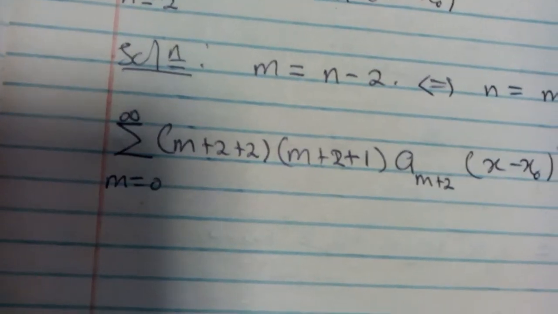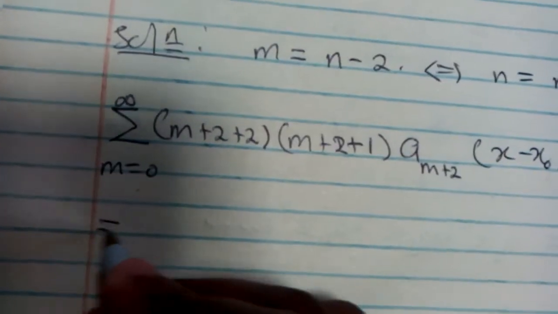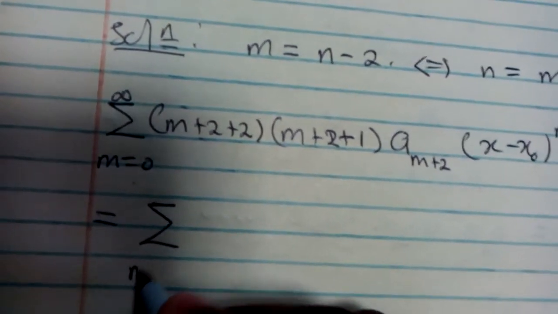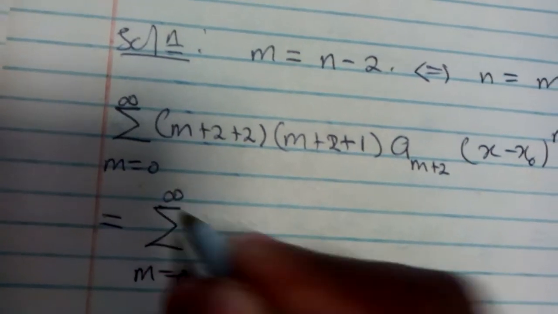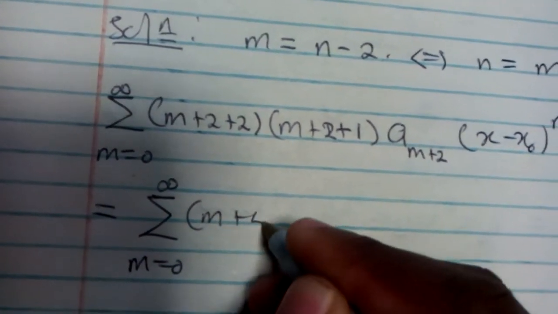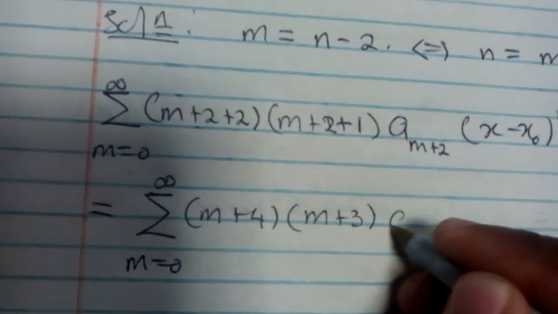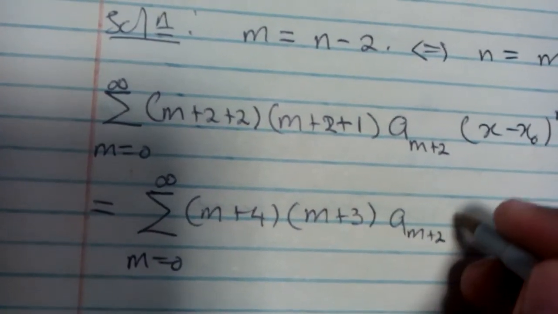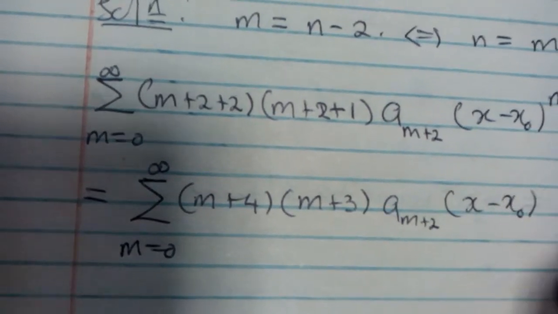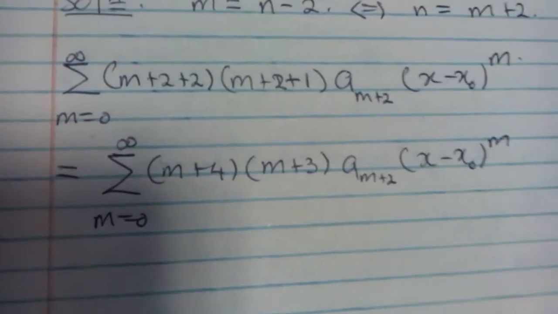Simplifying this gives me a sum from m equal to 0 up to infinity of m plus 4 into m plus 3 by a_(m+2) by x minus x naught to the power m.